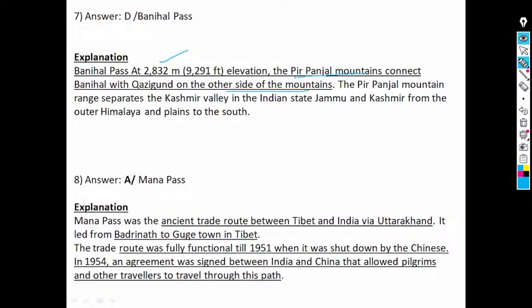The Pir Panjal mountain range separates the Kashmir Valley, Indian state of Jammu and Kashmir, from the outer Himalayas and plains to the south.